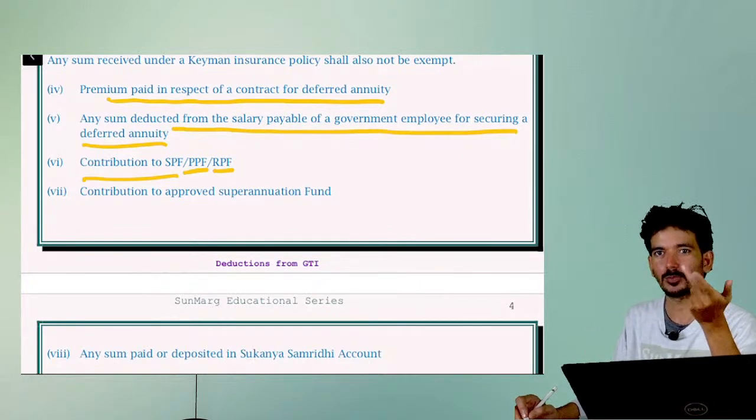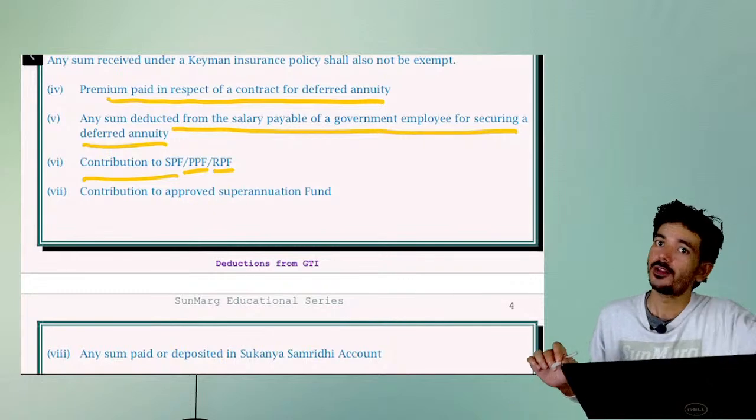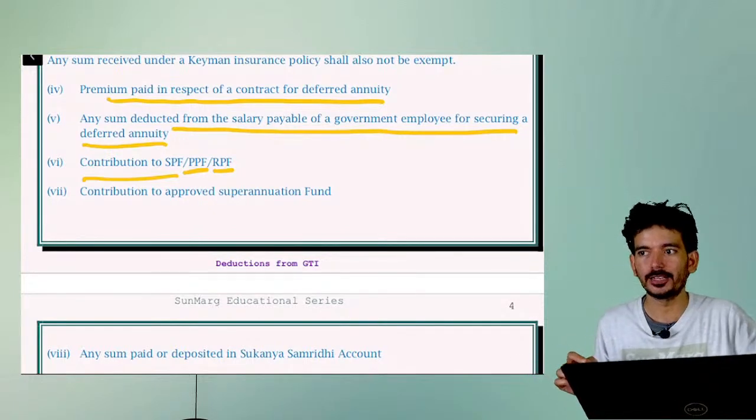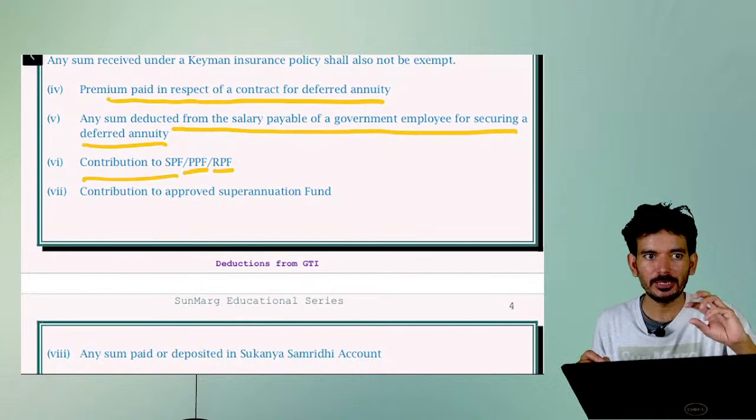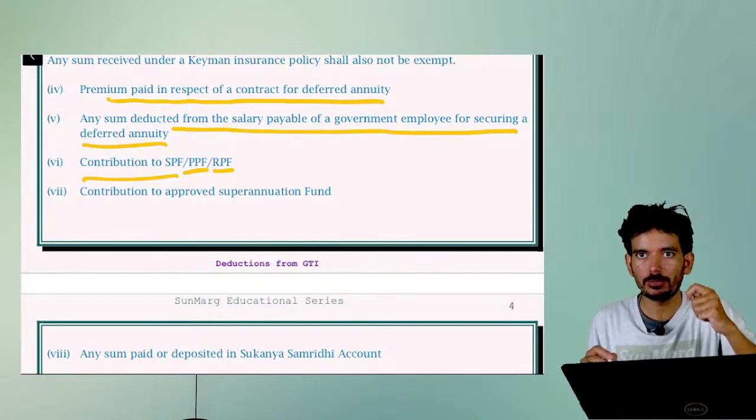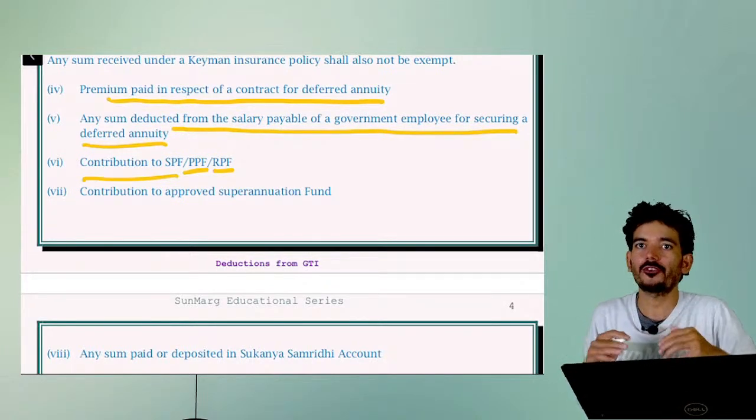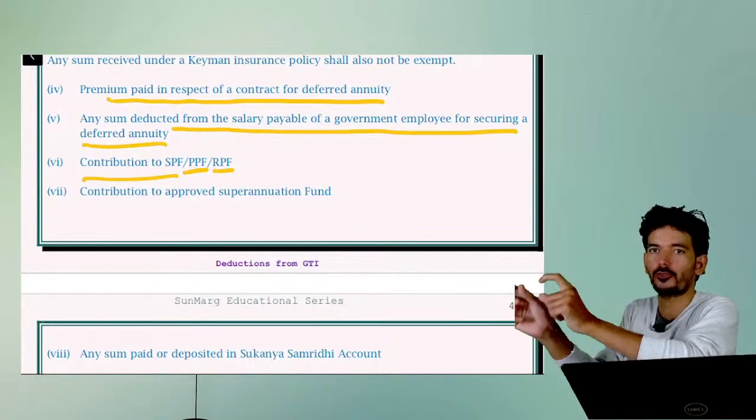I'll repeat this point, it might be useful while doing the salary head. 12% will be deducted on behalf of the employee, and 12% will be contributed on behalf of the employer, right? So two portions are going to the fund.